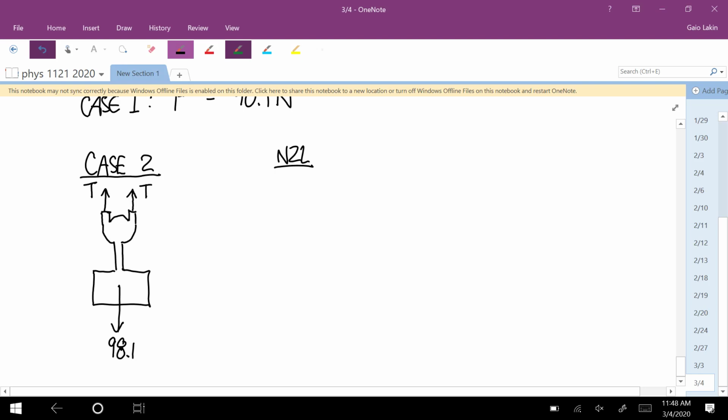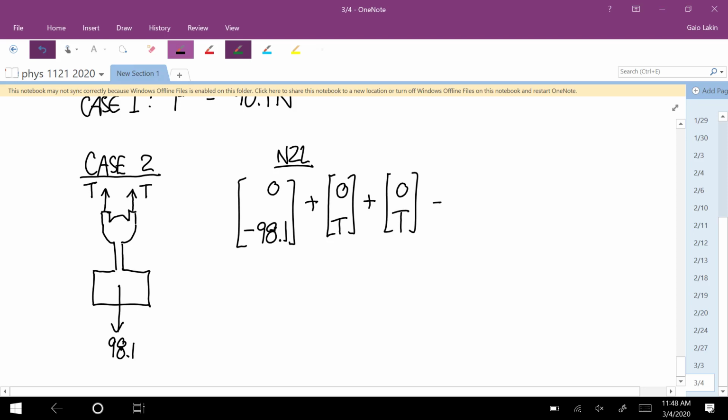So Newton's second law says 0, negative 98.1 plus T plus T is equal to the mass times the acceleration, which is 0. Solve the y equation, and you get that T is equal to 49.05 newtons.